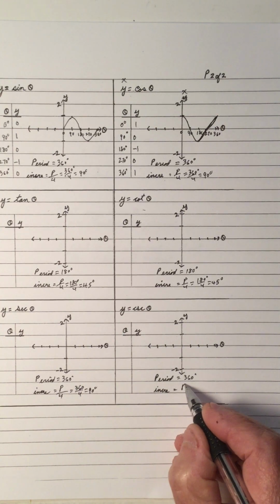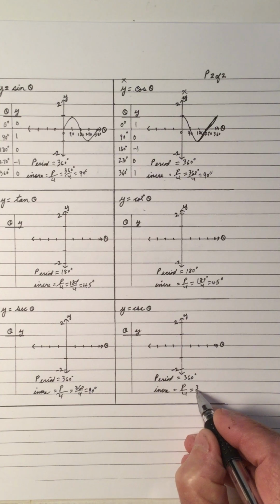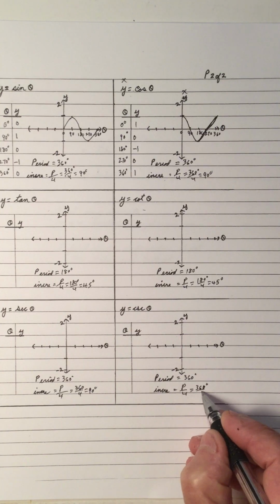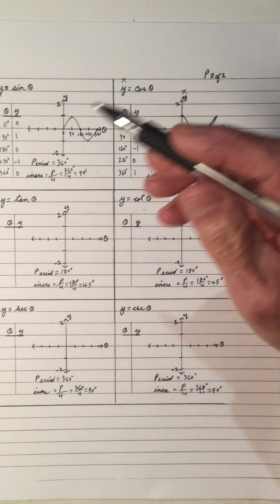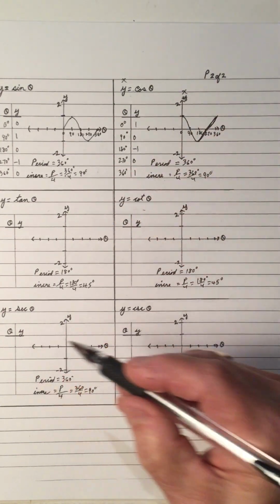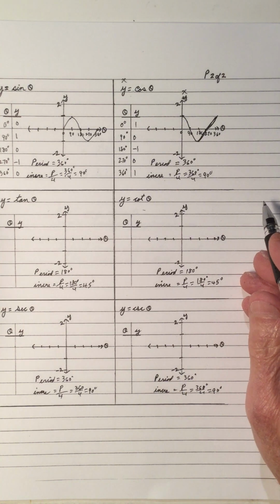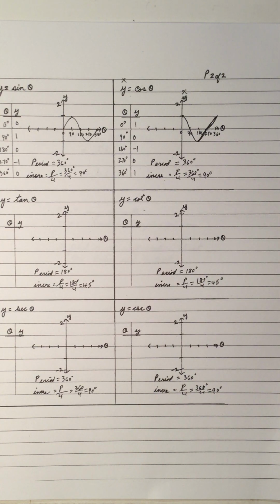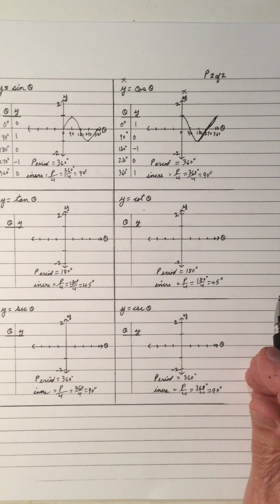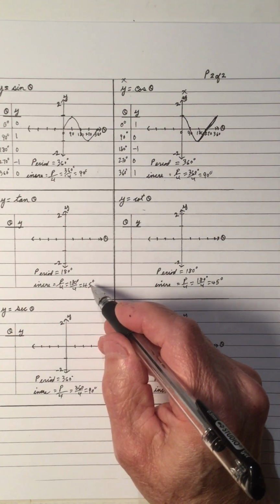And here again, 360 divided by 4 is 90. So the increments for sine, cos, secant, and cosecant are 90 because the period is 360. But for cot and tan the period is 180, so the increments are 45.